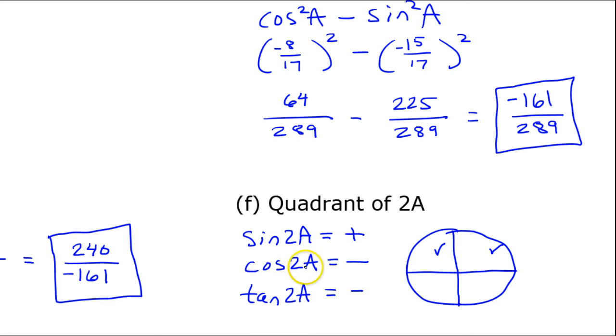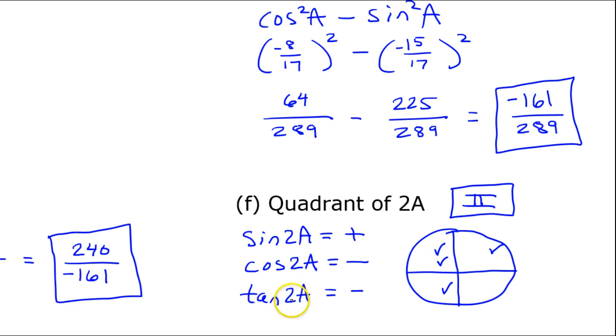Where is the cosine function negative? Well, cosine is the x value, so cosine is negative to the left. So the cosine will be negative in this quadrant and this quadrant. So already I can see that the only quadrant that satisfies both of those is quadrant number 2. So that is going to be the answer, and I can already say that the quadrant of 2a must be quadrant 2.